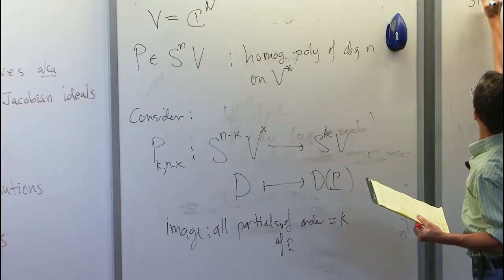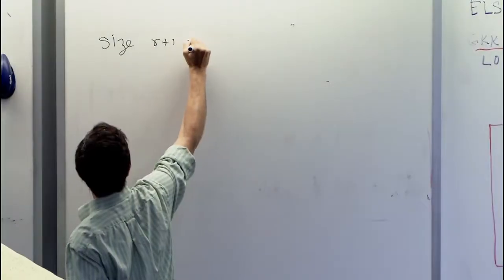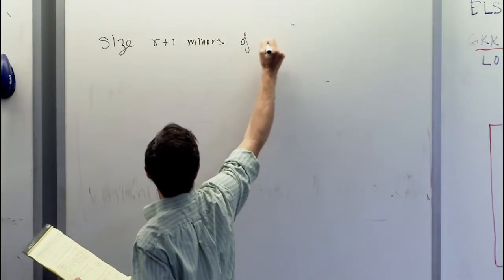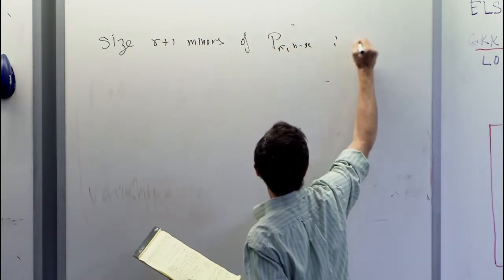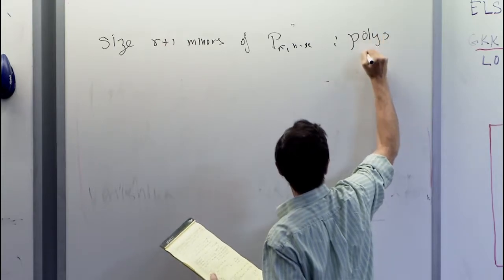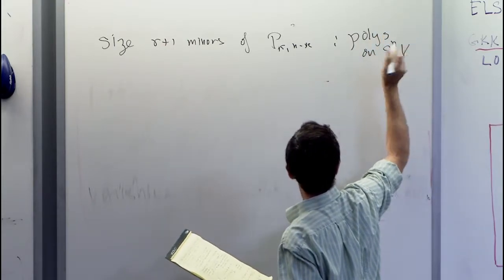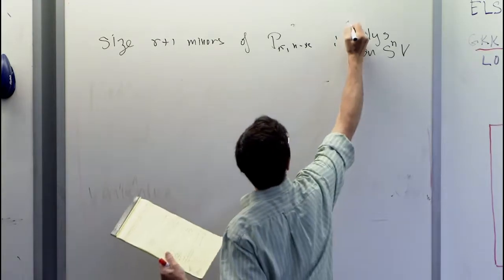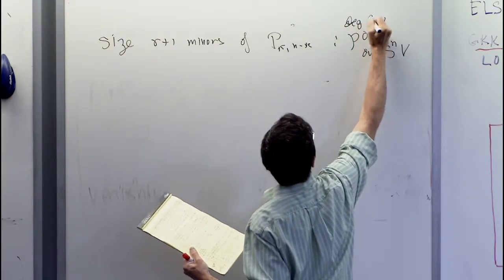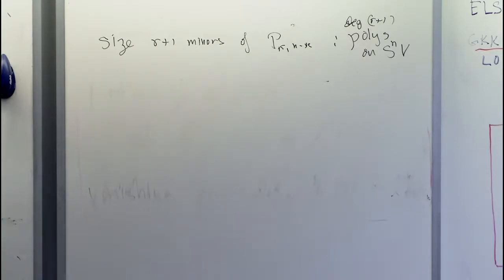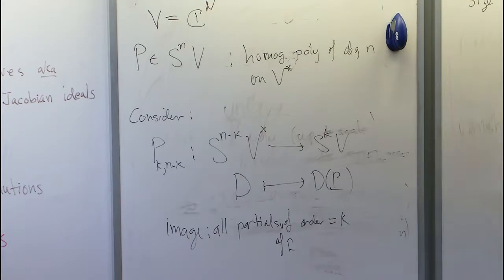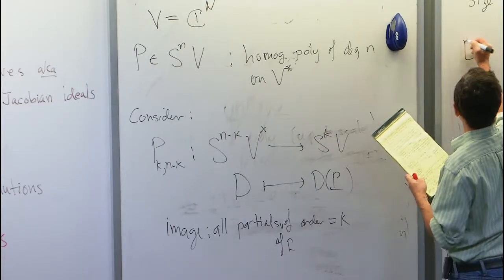The size r plus 1 minors of this linear map give polynomials on the space of polynomials, of degree r plus 1, because the entries of the matrix of this linear map are linear in the coefficients of the polynomial. So the total degree is r plus 1. Okay, so let's do some examples.